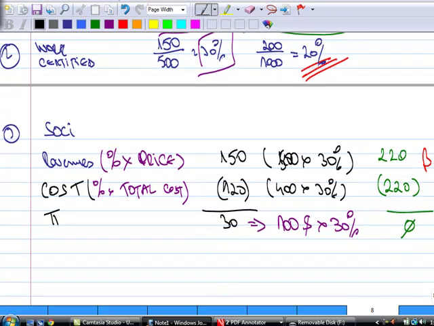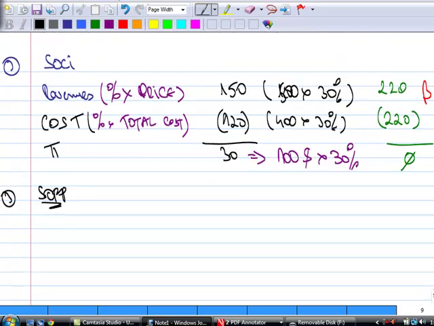And then produce the statement of financial position figures, and in here you need to know the pro forma. Project A, project B. It will be cost incurred, add up any profit or loss, less your billings.